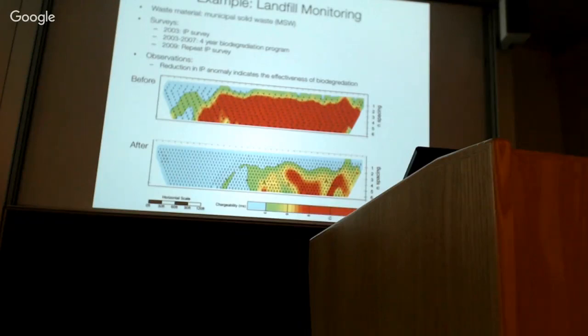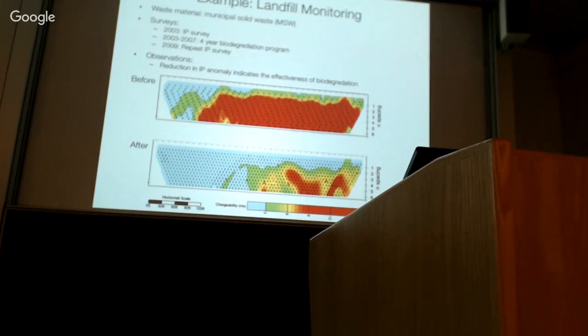And then this one's kind of interesting. This is effectively using IP for looking at the effectiveness of bioremediation. So what was done here was that there was a waste there. They had to go in and put drill holes in and blow air through it and do some sparging.